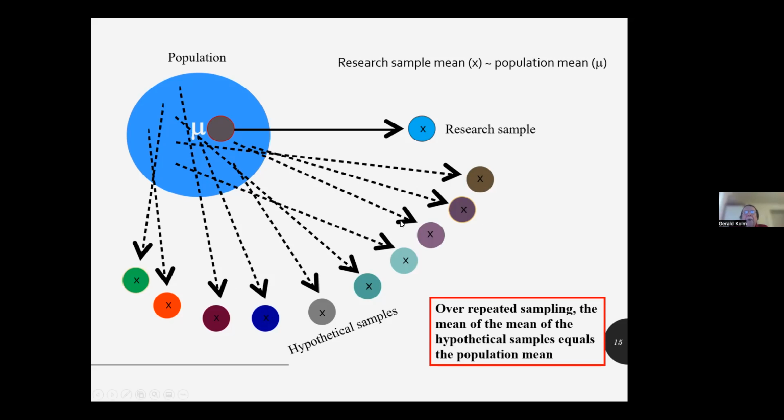And so what we're hoping is that the one research sample that we get in our study is representative of the population. In other words, the mean of our research sample is a good estimate of the population mean. And because, again, we don't have the resources to draw an infinite number of random samples and then compute the population mean that way, we basically get one chance at it.